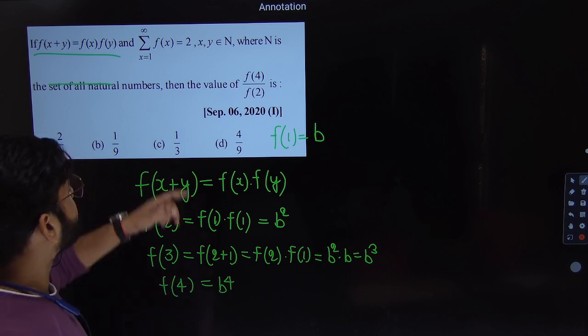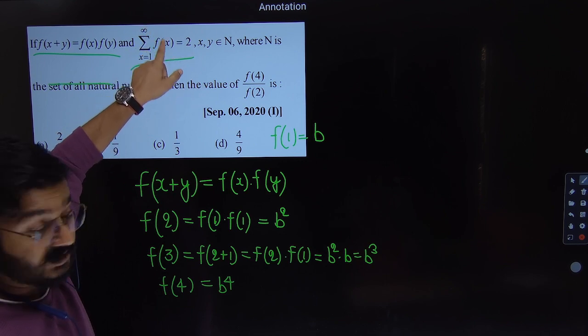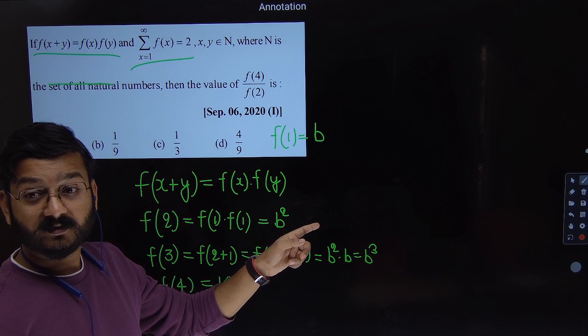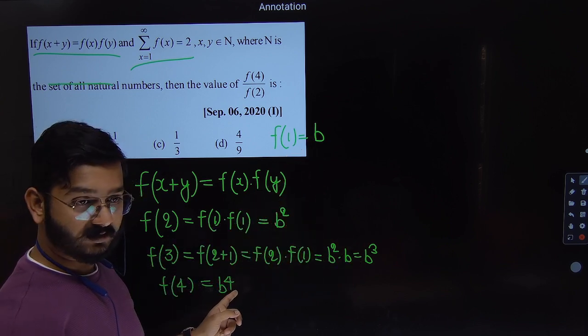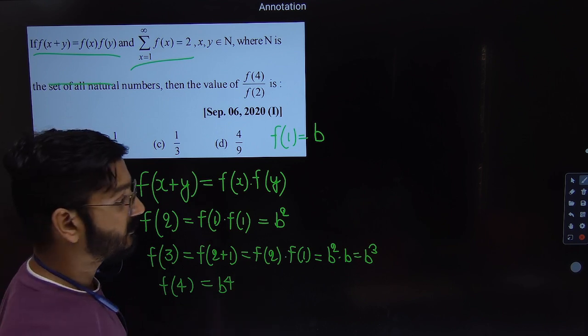Clear? Now what is the sum given? 2, till infinity. So when you add everything, what type of sequence are you getting? Geometric progression. b plus b square plus b cube plus b to the power 4. This is a geometric progression whose common ratio is b.